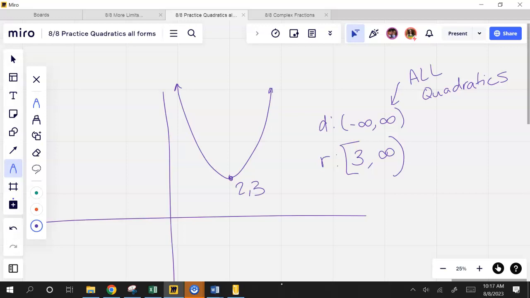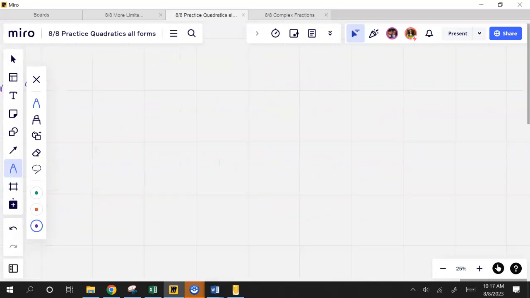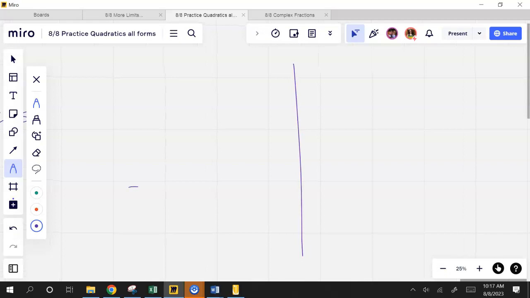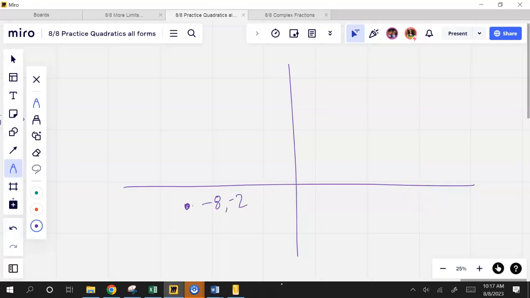Let's do another. Describe the domain and range.